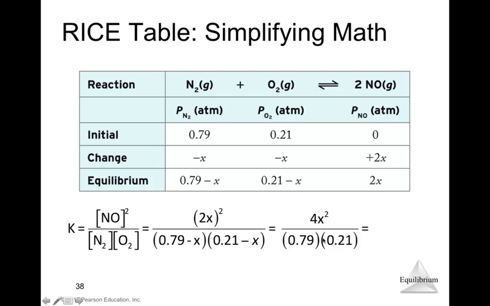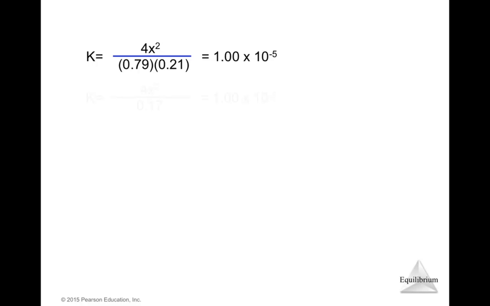And now we can look for the value of x, knowing the equilibrium constant as we know from the beginning of this problem. So let's solve this equation. Let's multiply the bottom part: 0.79 times 0.21 is equal to 0.17.